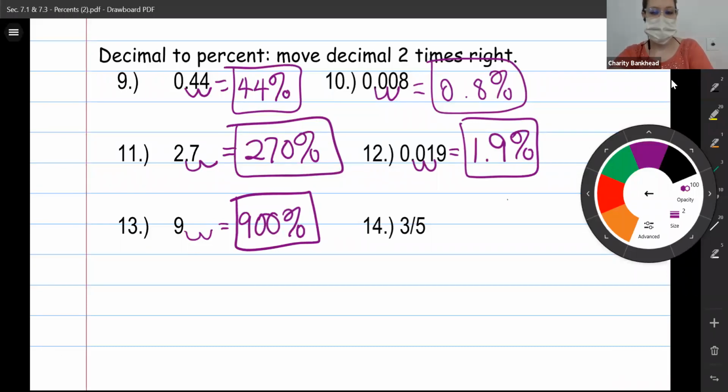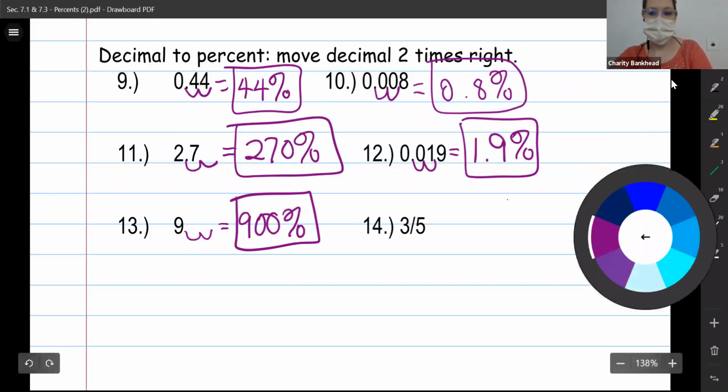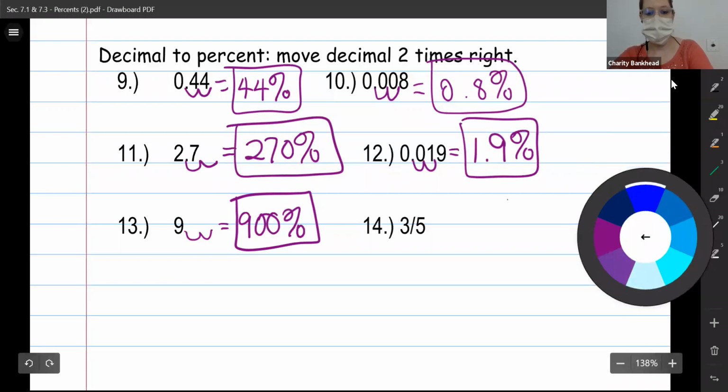And then 3/5, first you have to change that into a decimal. So we could do that by dividing.